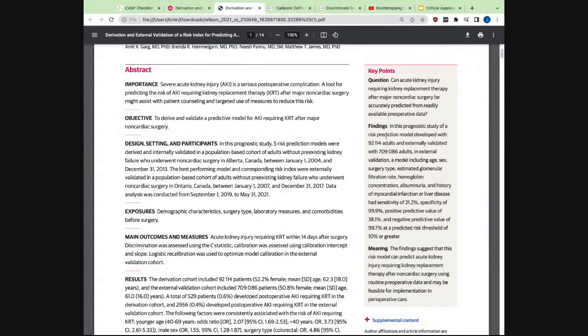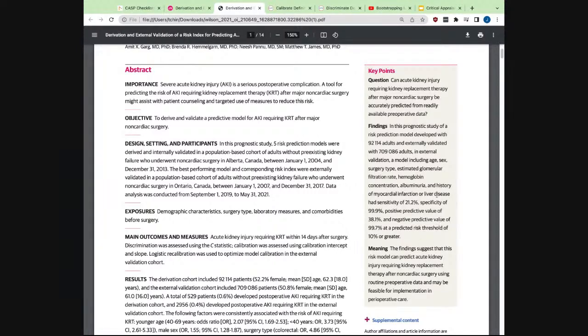In this prognostic study using this prediction model with external validation, they found that a model that includes age, sex, surgery type, GFR, hemoglobin, albuminuria, history of MI or liver disease had a sensitivity of 21% and specificity of 99%, positive predictive value of 38% and negative predictive value of 99.7%.